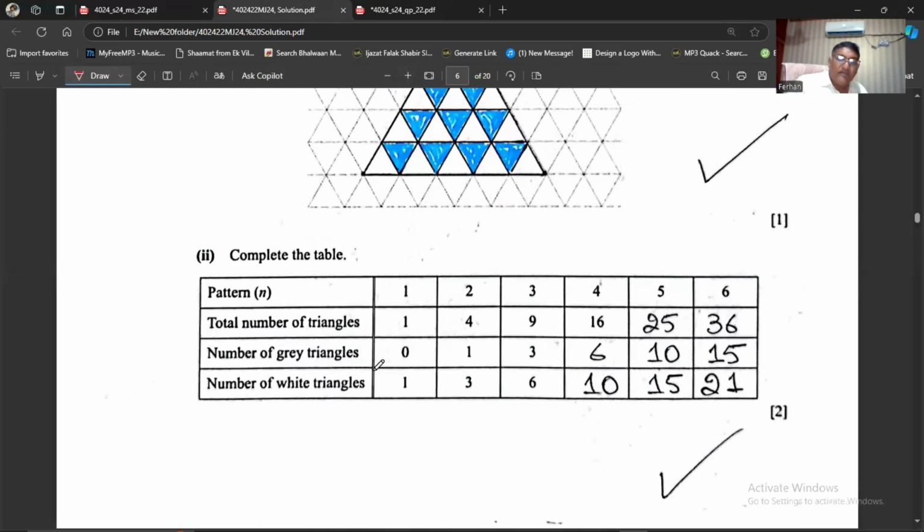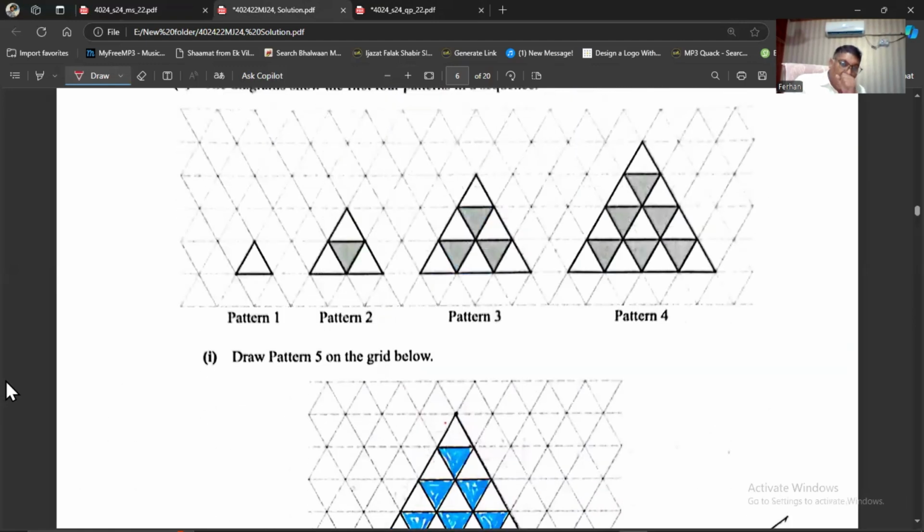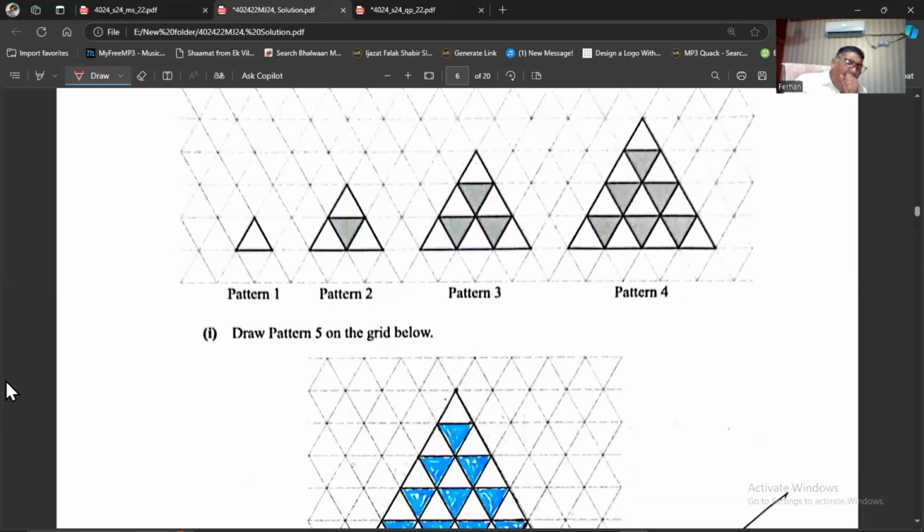Now, number of the gray tiles, if you look at this, zero, here you have 1, here you have 3, here you have 6.